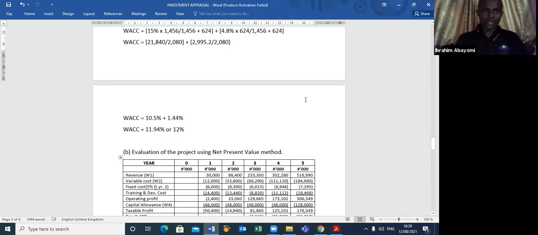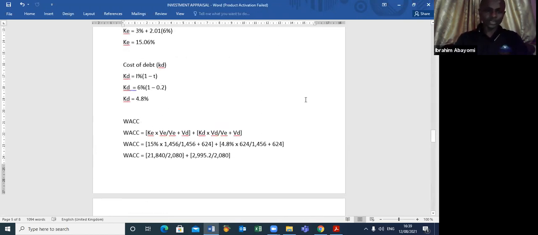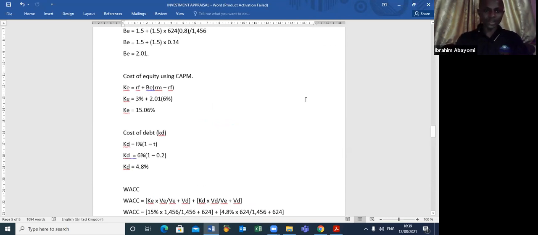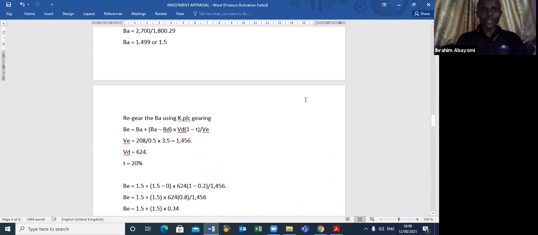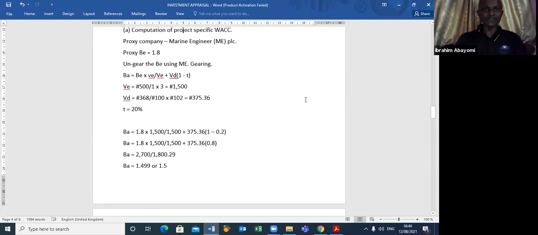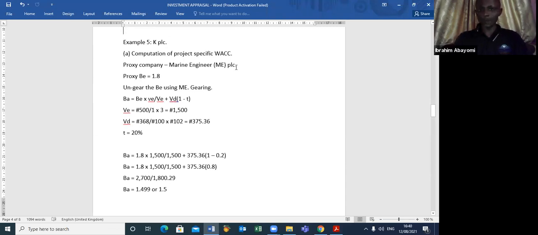Okay, let's look at it again and see whether we have other assumptions that we can make. Now, in engineering the better of, look at it. What's our proxy company? Our proxy company is MEPSC. And we are assuming that should KPSC diversify into the production of outboard engine, the business risk of the new business will be similar or equal to the business risk of MEPSC.